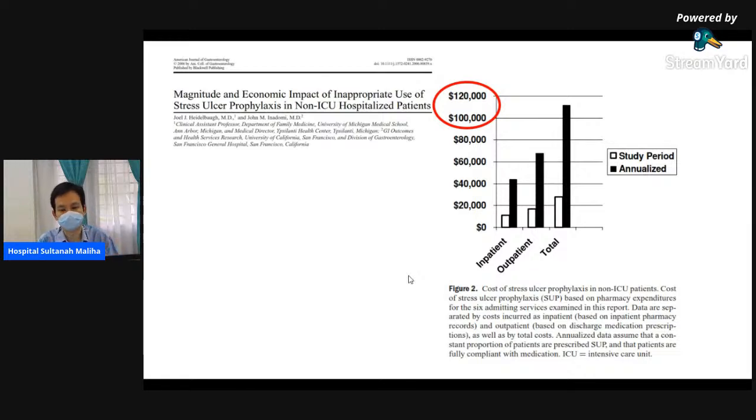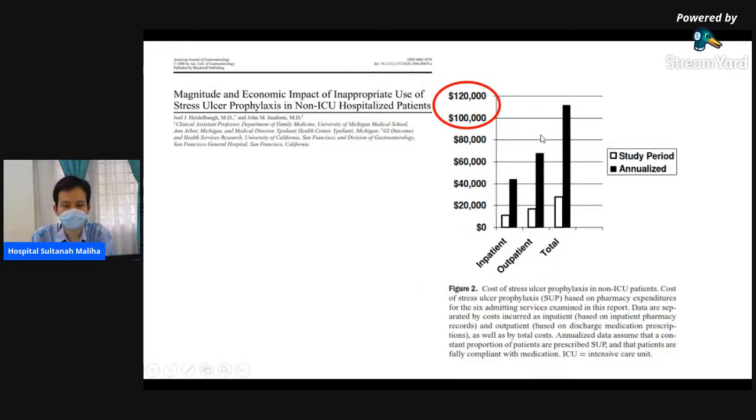But looking at the bright side, there are still some findings that we can try to extract from it and evaluate, and maybe make it ring a bell in our judgment later. So we'll talk about pennies and cents, which is a concern among our hospital administrators. We talk about the magnitude of economic impact when SUP is used inappropriately in non-ICU hospitalized patients.